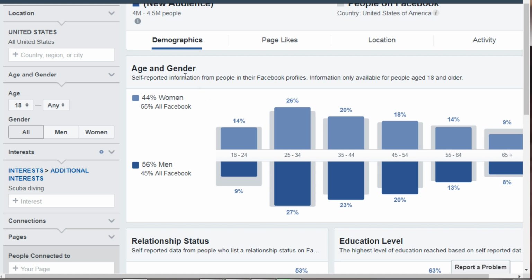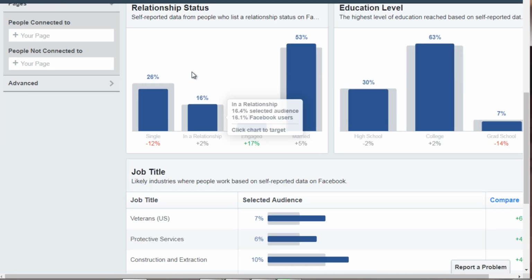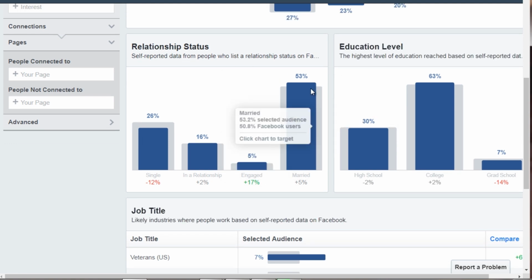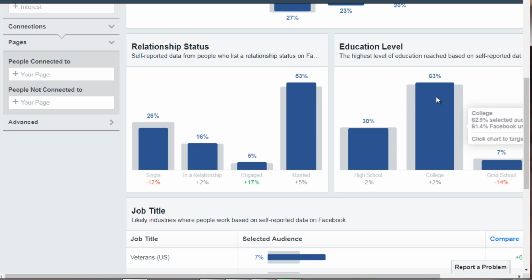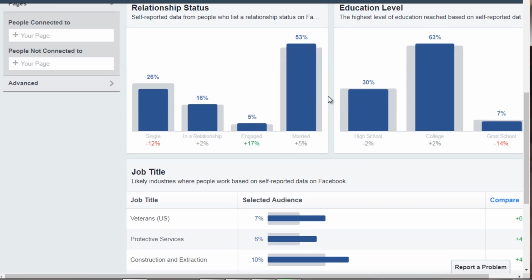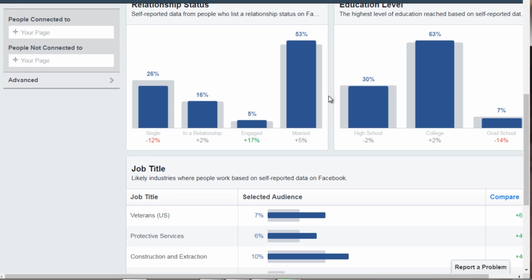Now, if we scroll down a bit, we can see that the majority of these people that are interested in scuba diving are married, and they have at least a college education level. So this is a well-educated group.